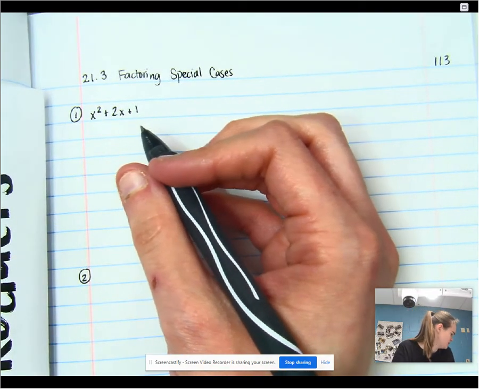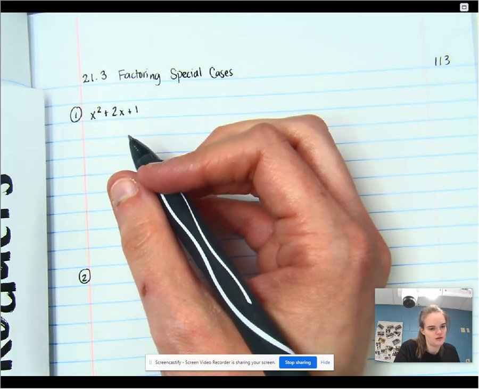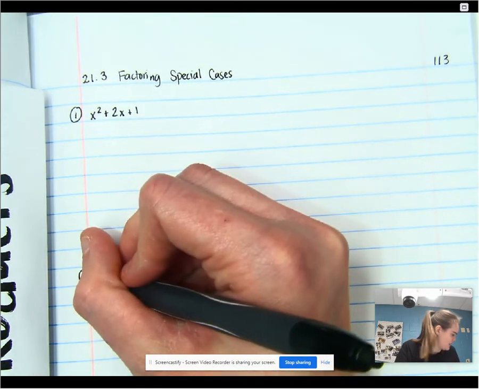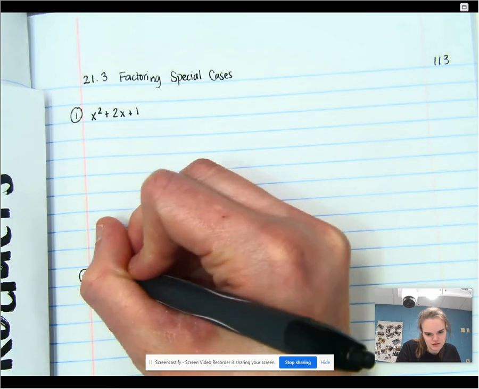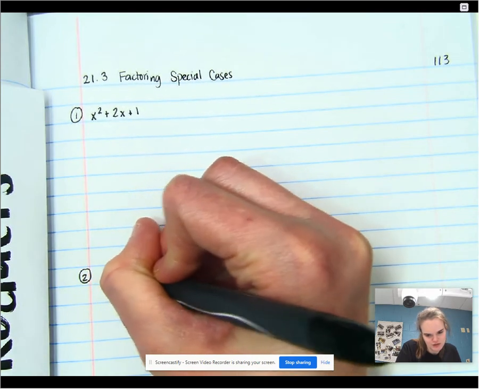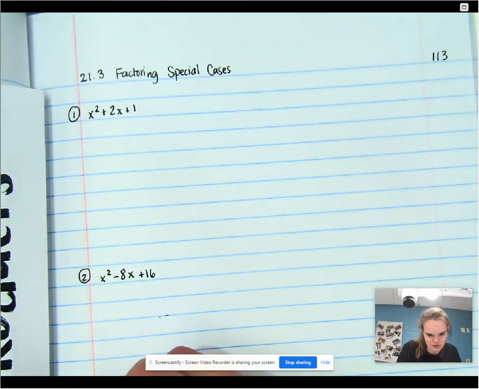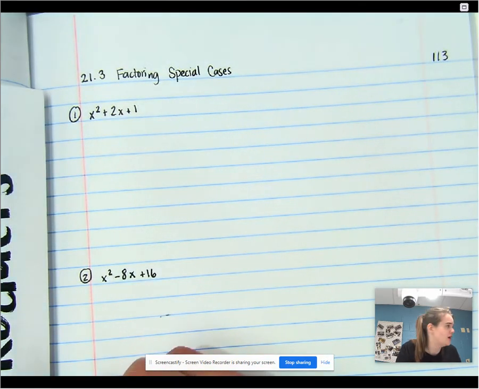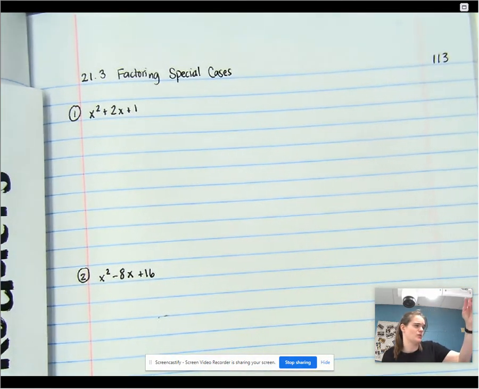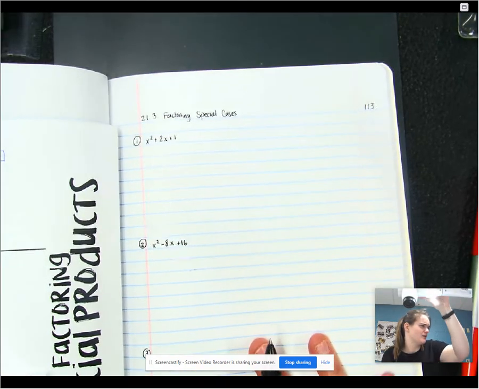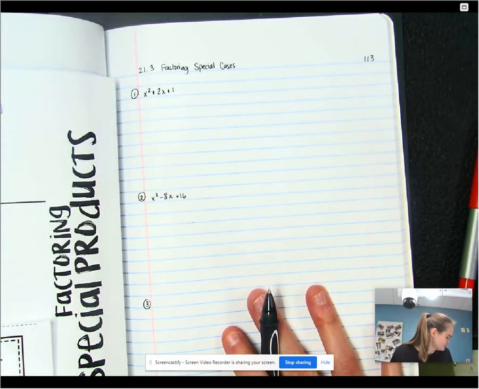We didn't do that one. X squared minus 8x plus 16. And then number 3. And notice I'm kind of matching them up. I'm spacing them so that they match with what special case they were.